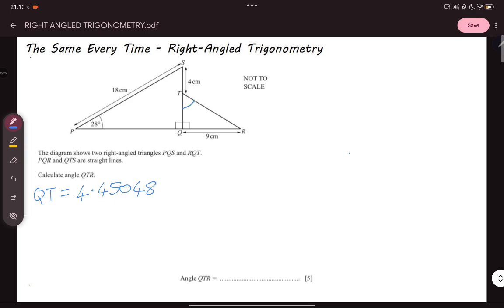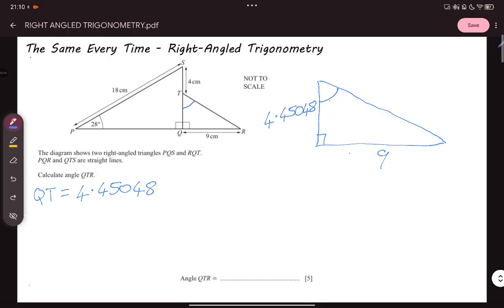Well, actually, I think it might be helpful if I just sketch out this triangle again. So I'm sketching out the triangle. That's the angle they want us to find, the angle at T. This is 9, and the side there is 4.45048. That's the angle that they want us to find.